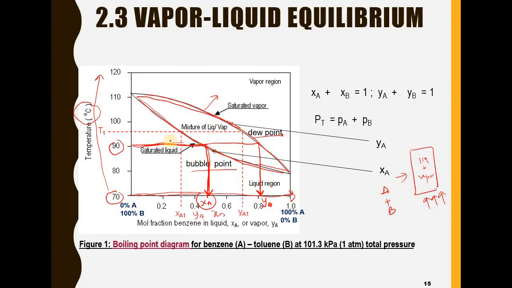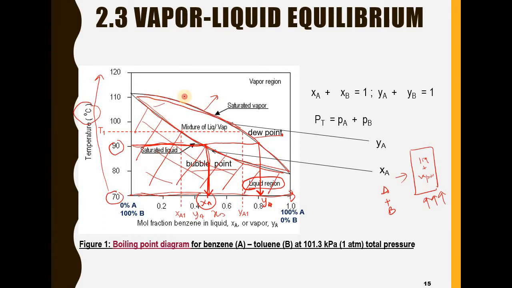Below this curve is the liquid region, which means in this area the component A exists as a liquid.